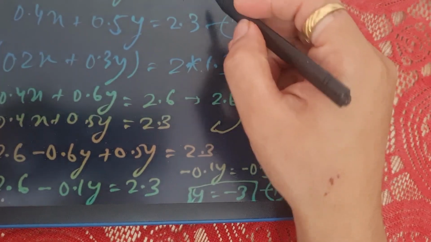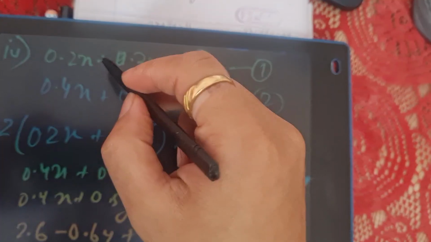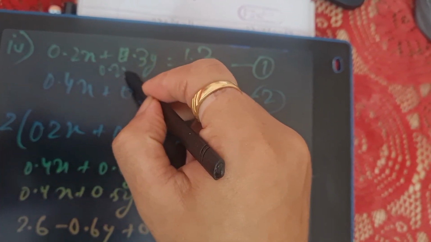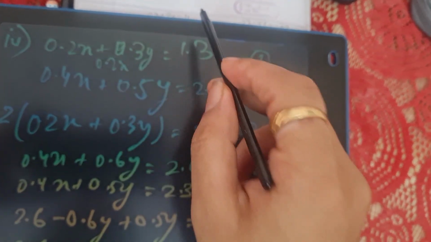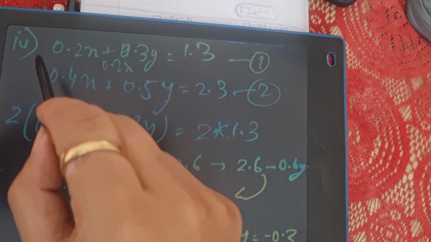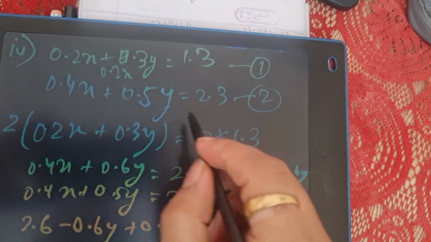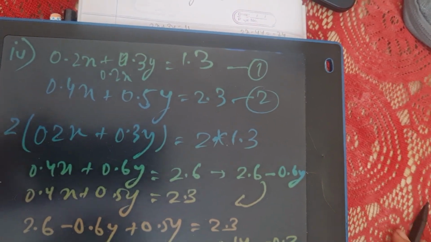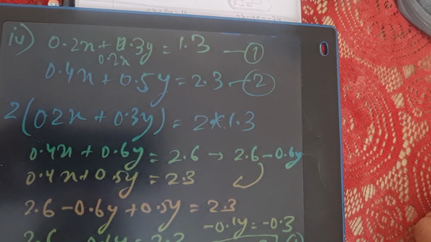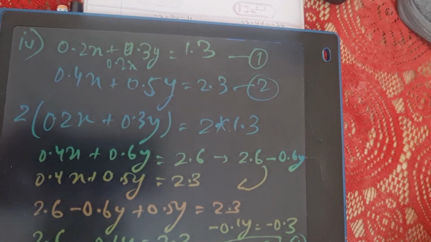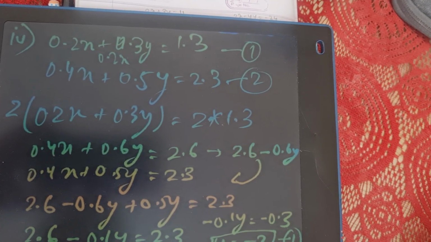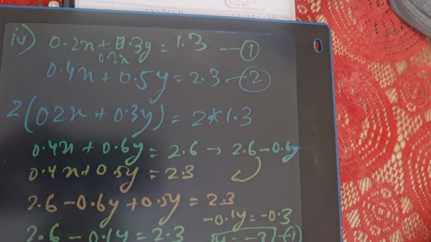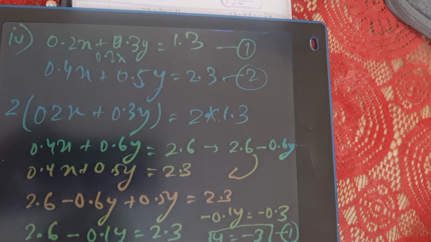So in equation 1 here, 0.2x. So we can remove these points, right? Multiply by 10 on both sides of the equation. So we will get 2x plus 3y is equal to 13.